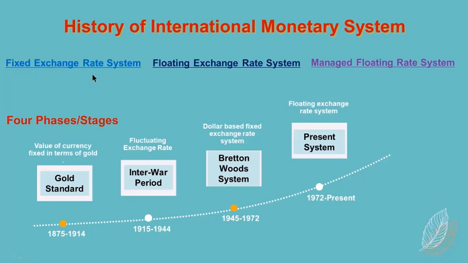So here the value of a currency is pegged, is fixed on the value of something other than that. For example, a currency which is pegged to gold. Value of a currency is decided based on the value of gold.